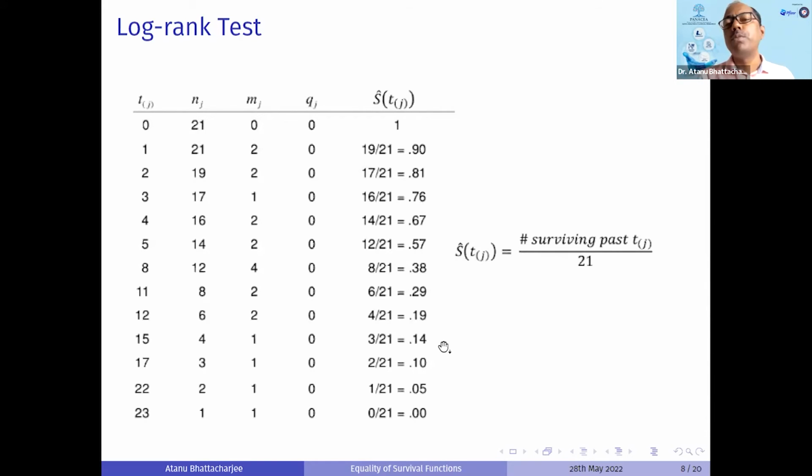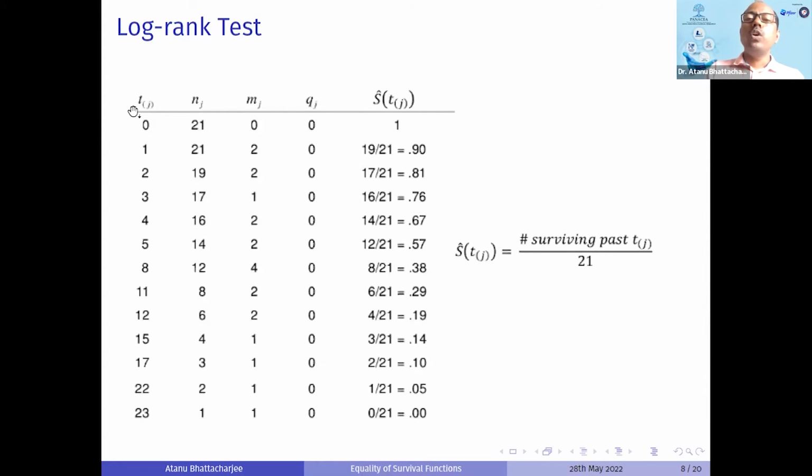One question is very important here. Repeatedly I am saying that those alive up to 1 month: how many were there? 21. And 19 were alive after 1 month. But here I am putting it as 17 by 21. This value considers that we started with 21 first.